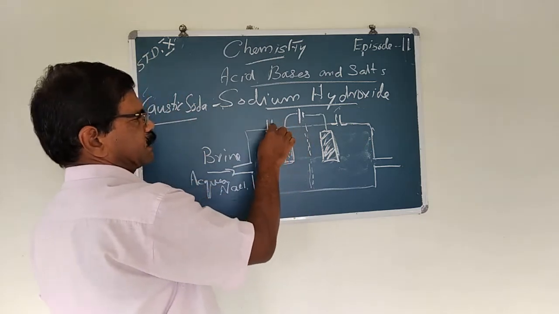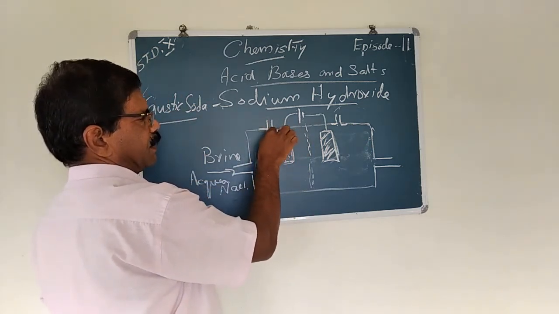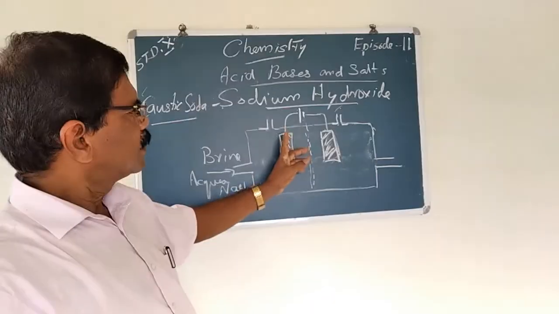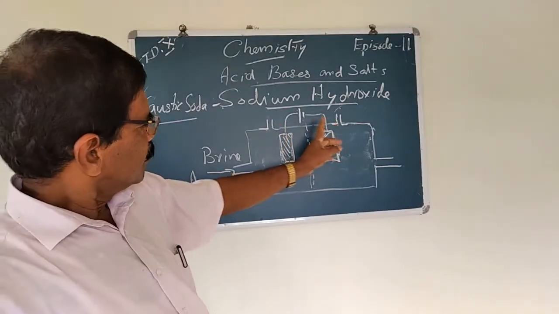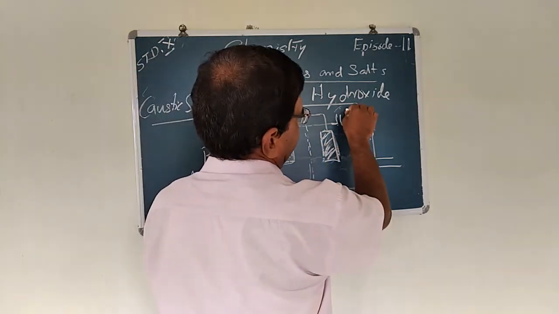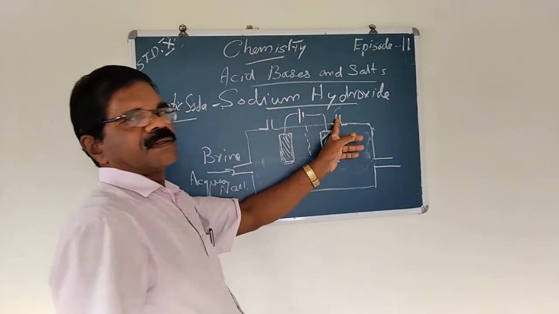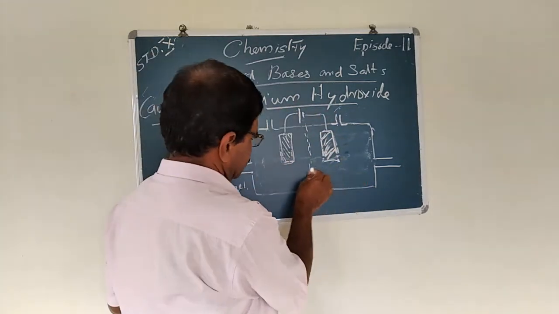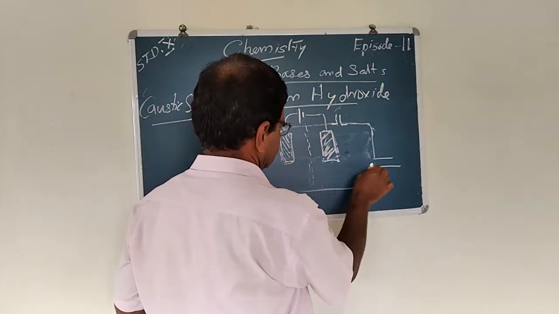This is the exit for chlorine and hydrogen. This is the exit for hydrogen. This is the sodium chloride.